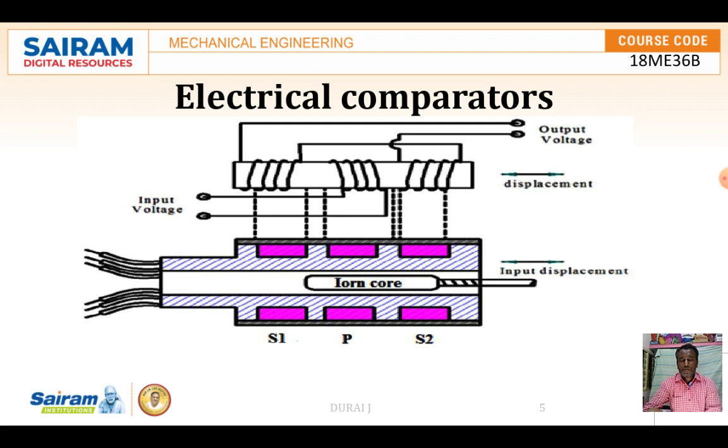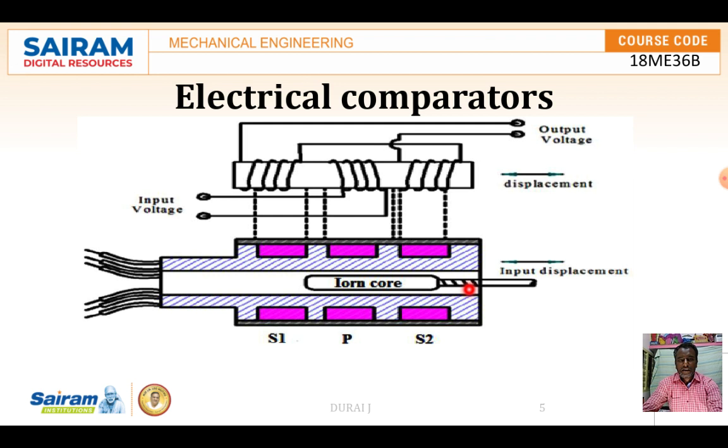Normally the transducer changes one form of energy into another form of energy. Here the mechanical movement, the plunger movement, will be converted into the electrical signal. That's why it is also called the linear variable differential transducer.